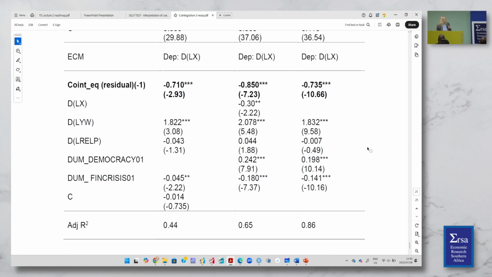Then all of these have speed of adjustment terms, and all of these have dynamics. For these 2 methods, you have less control over what goes in, so we will see many of these are not statistically significant, but in the Engle-Granger, we have control over putting them in.